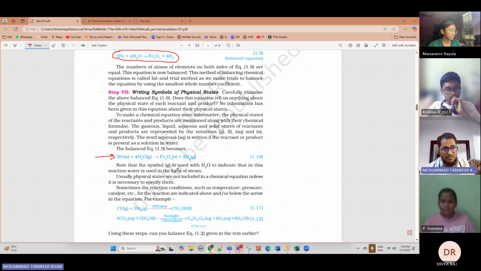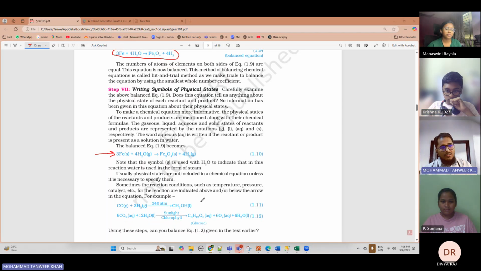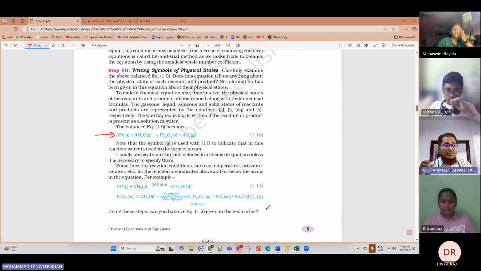This H2O is water, but it is used in the form of steam. Usually, physical states are not included in a chemical equation unless it is necessary to specify them. Sometimes the reaction conditions such as temperature, pressure, catalyst, etc., for the reaction are indicated above and or below the arrow in the equation.